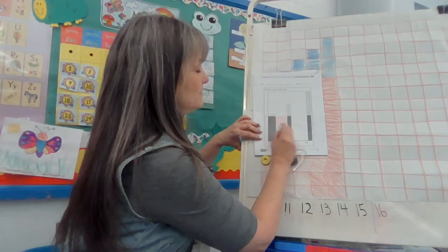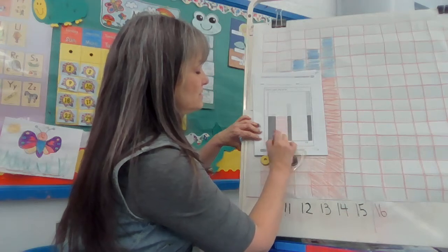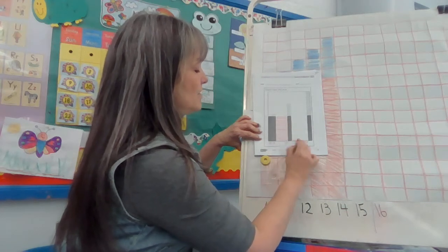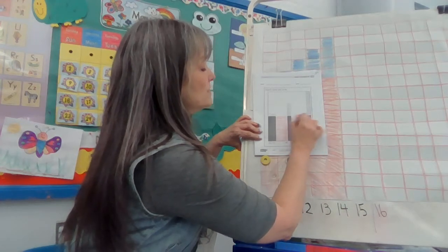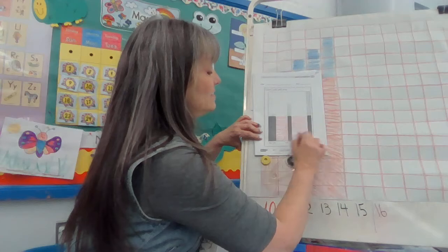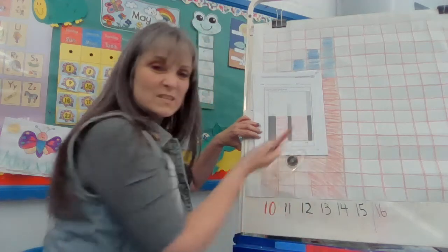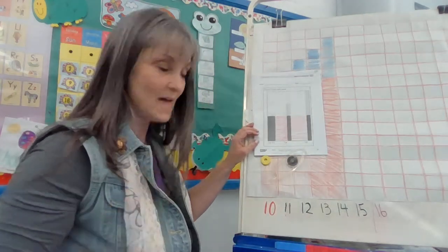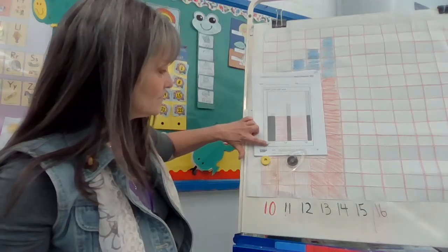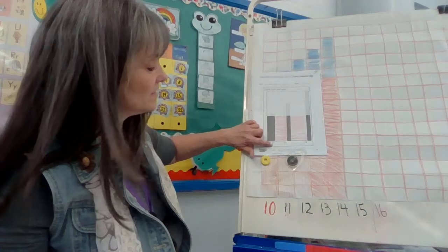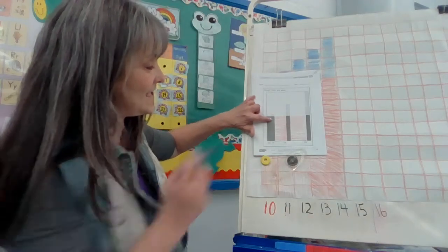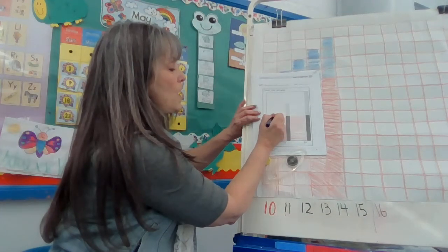This is like a little, kind of a little cheat. I'm coloring the red all the way across because I know every one of these numbers is going to be 10 and some more. So I just colored that part. Then 10 was 10 and 0. 11 is 10 and 1.